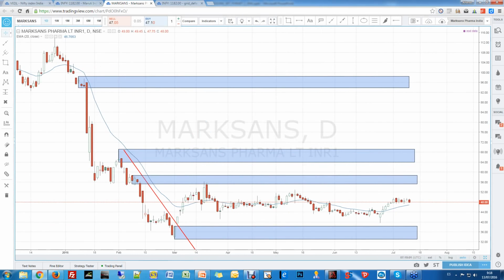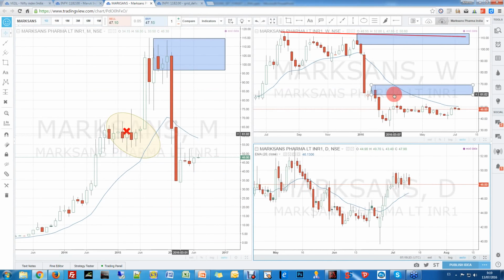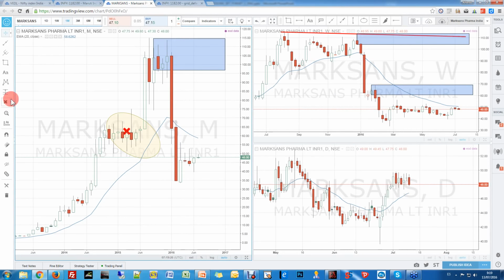This is the top area, and this is the bottom area, and price is doing nothing. The 20 MA is flat, so there is no opportunity to go short. The opposing area has been tested, so you just can't short there. The only possibility that could happen here is at this weekly area of supply, where some shorts can happen.